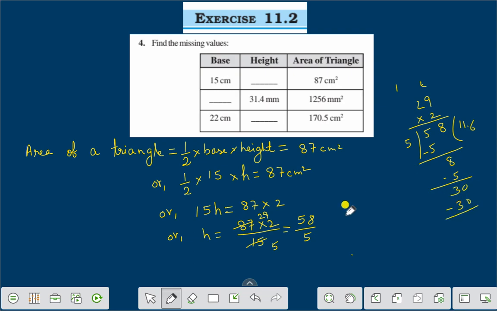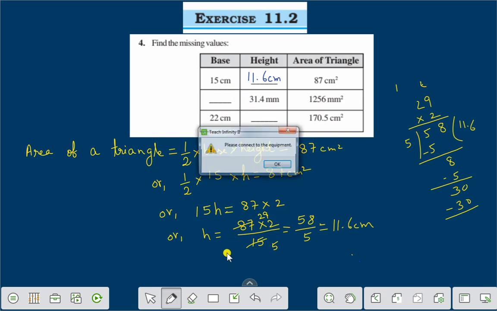Therefore we are getting 11.6 centimeter. Therefore, the height is 11.6 centimeter. Write it here as 11.6 centimeter.